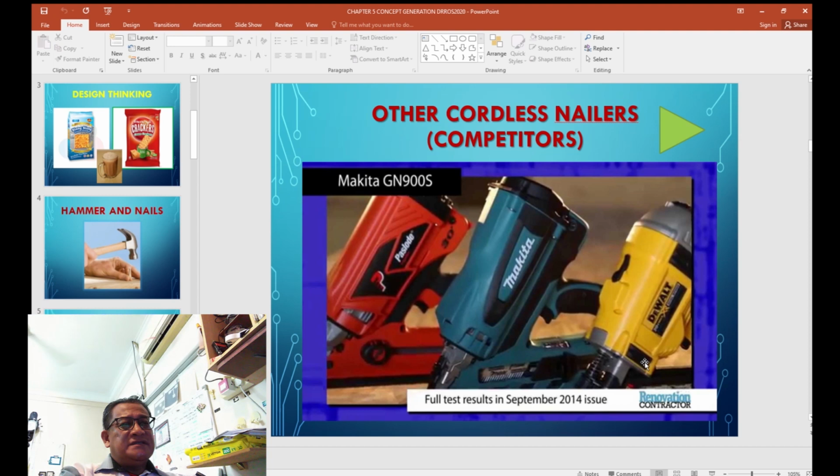Rather, it uses a compressed air canister in order to deliver the punch to the nail and into the wood. So this is another concept in which the same job can be done but using a different power technology, or a different concept of delivering the job. So this is another second concept for the same nailing job.